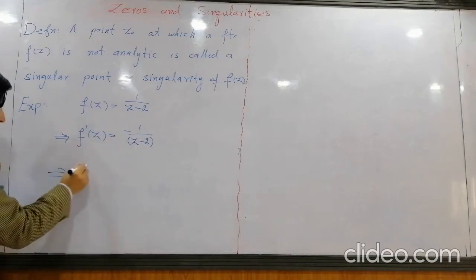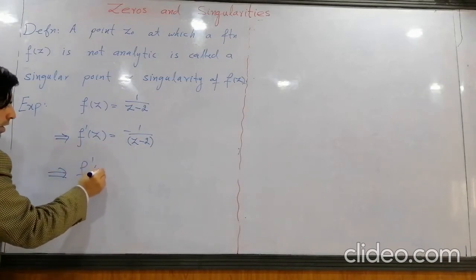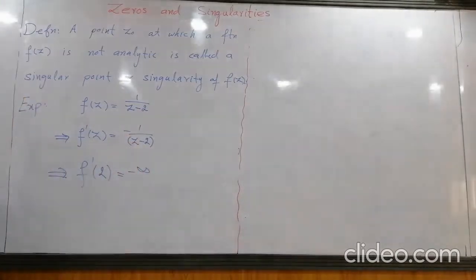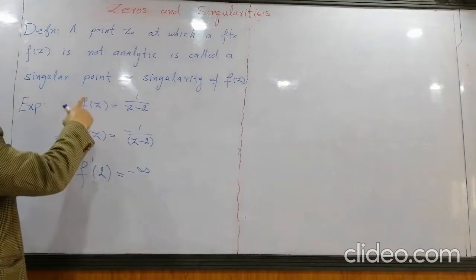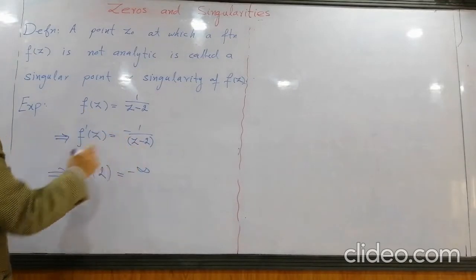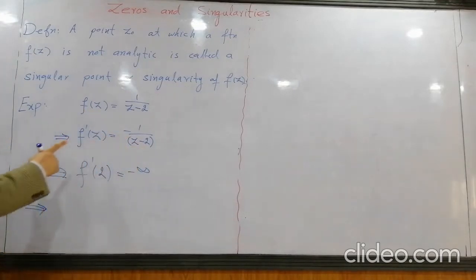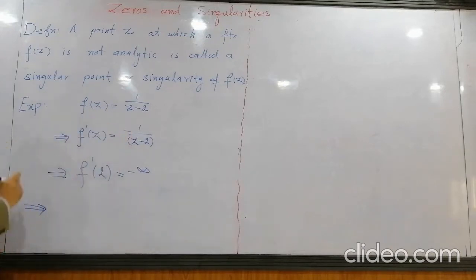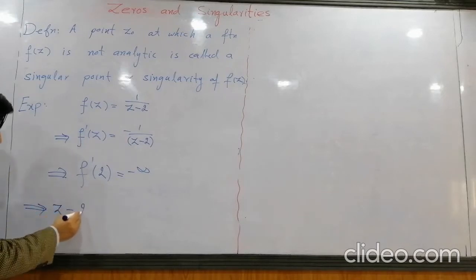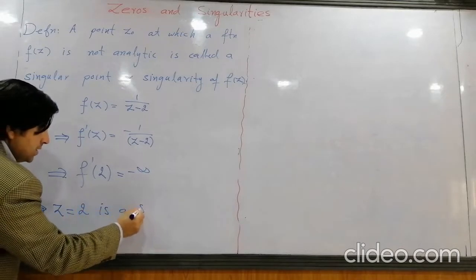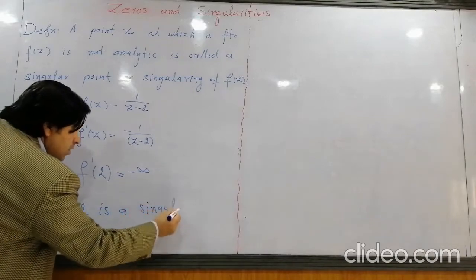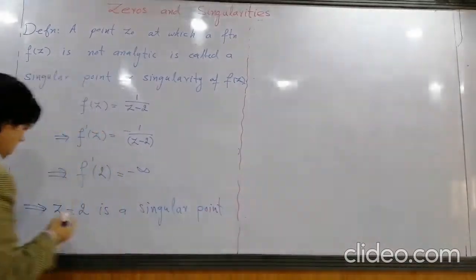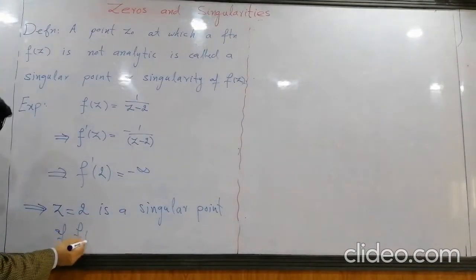It is very obvious that the denominator is 0, and anything divided by 0 is undefined. So it means that f of z is not differentiable at this point, and this implies that f of z is not analytic at the point z is equal to 2. So hence z is equal to 2 is a singular point of the function f of z.